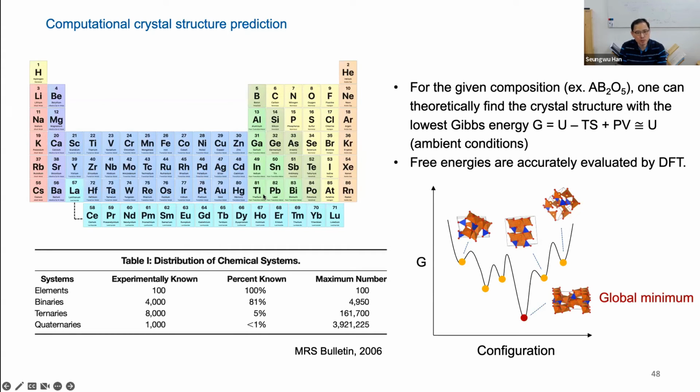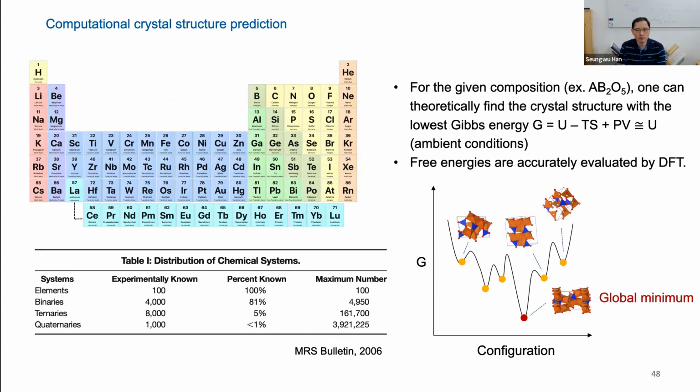Okay, so this is motivated by this observation that in the case of the element, the one-component system or the binary system, almost all inorganic compounds are known. But in the case of the ternary or quaternary, there are not many regions, domains that have been explored experimentally.